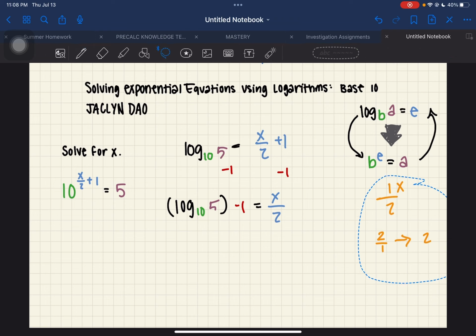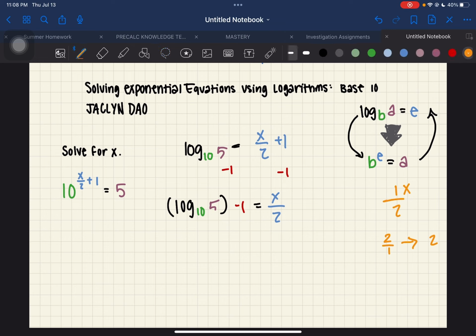Let me move this over to the side so we have more space. So to cancel out 1/2, we have to multiply each side by 2. Let's do it. 2, and we'll multiply this entire side by 2. So let's rewrite it. 2 log with the base 10 of 5, close parentheses, minus 2.